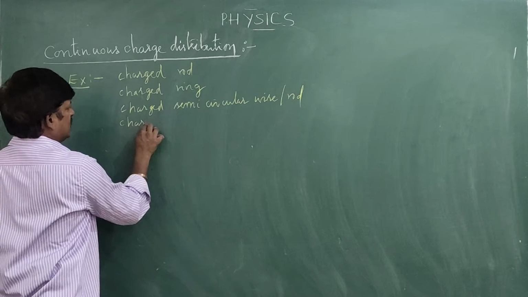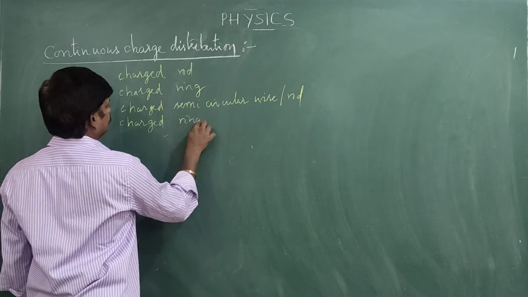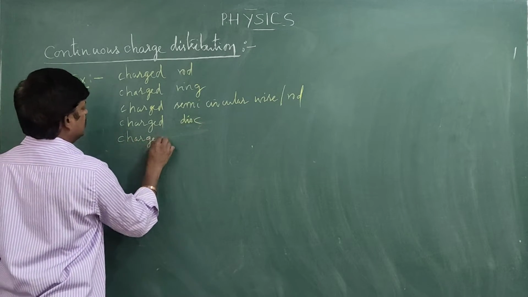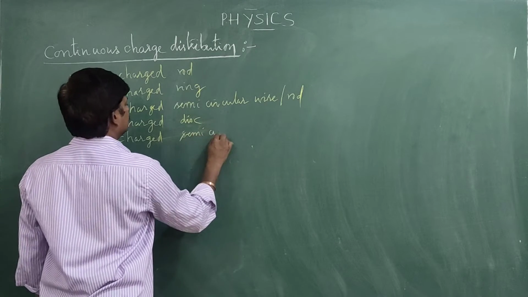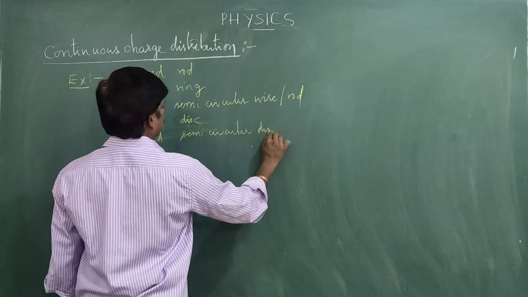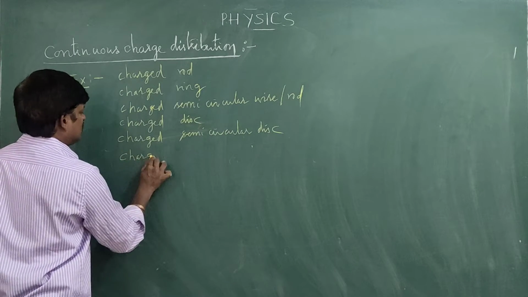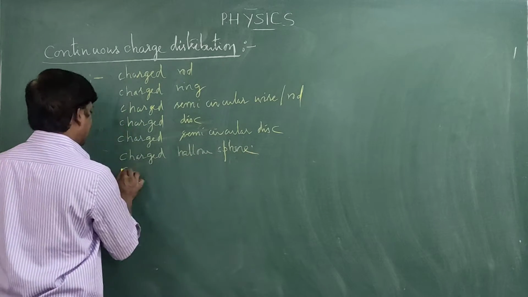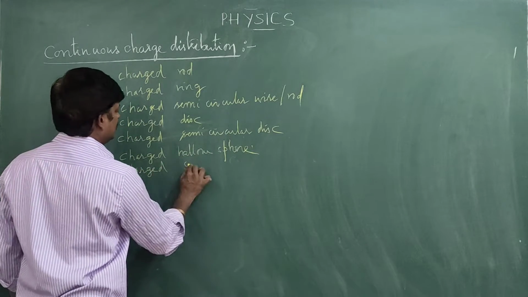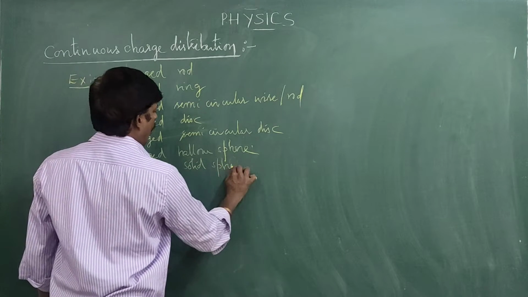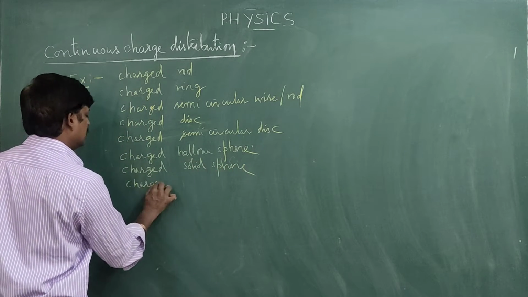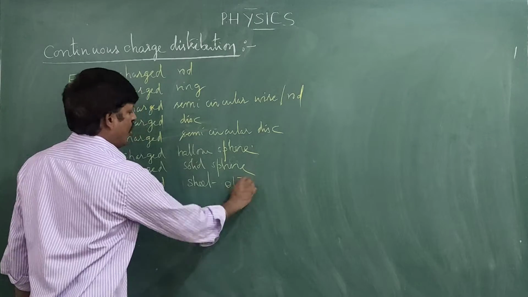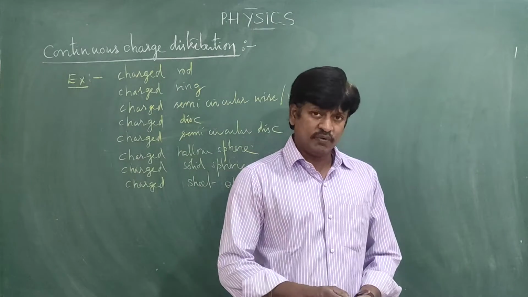Or we can have a charged disc, or a charged semicircular disc, or a charged hollow sphere, or a charged solid sphere, or a charged sheet, etc. All these are examples of continuous charge distribution.